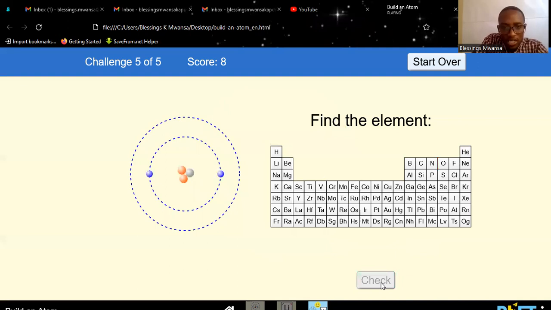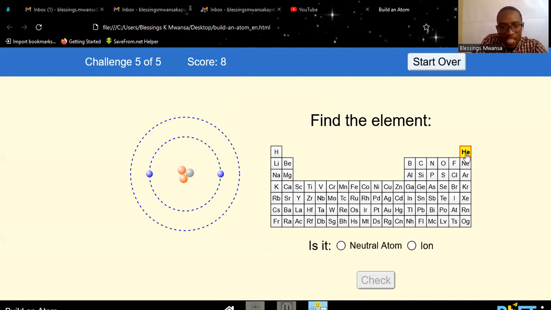From the first challenge. Find the element. So to find the element, the first thing you have to do is, yeah, correct. You look for the proton number. How many proton numbers do we have? Exactly, we have 2. So 2 meaning helium. Is this an atom or an ion?